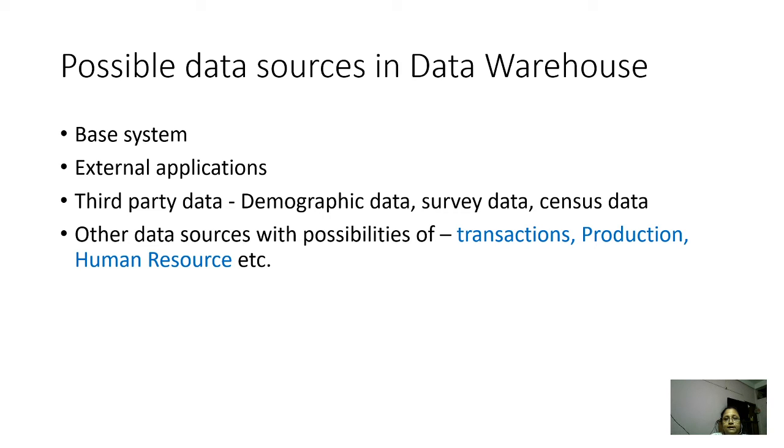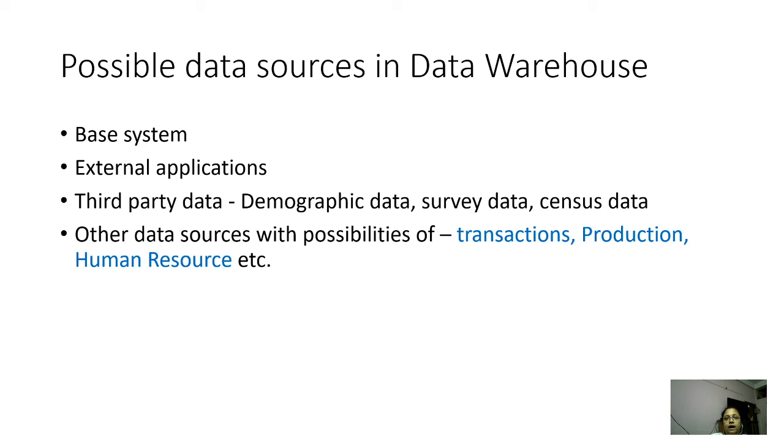Then third party data like demographic data, survey data and census data are also data sources that we use for a data warehouse. Other data sources are typically transactions, production, human resources, etc. So these are the different data sources used to collect the data for our data warehouse.